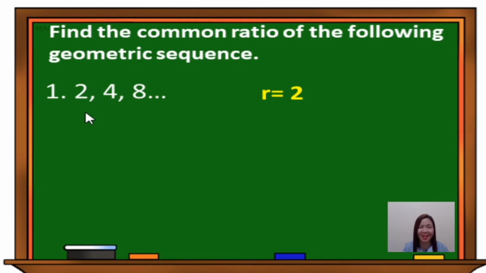Proceed to the second example. So negative 3, 9, negative 27, 81. And what will be the answer for this?